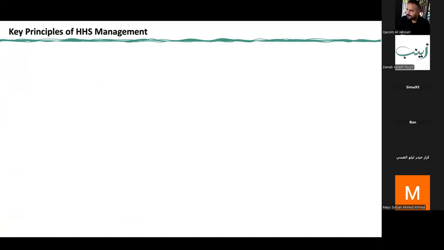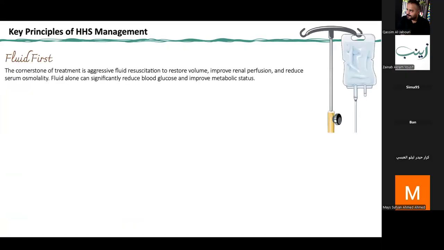So insulin should be introduced early in DKA. Unlike HHS, where fluids come first because osmolality is our main problem. We know those patients are extremely dry at the time of presentation, and the main driver here is the high blood sugar.